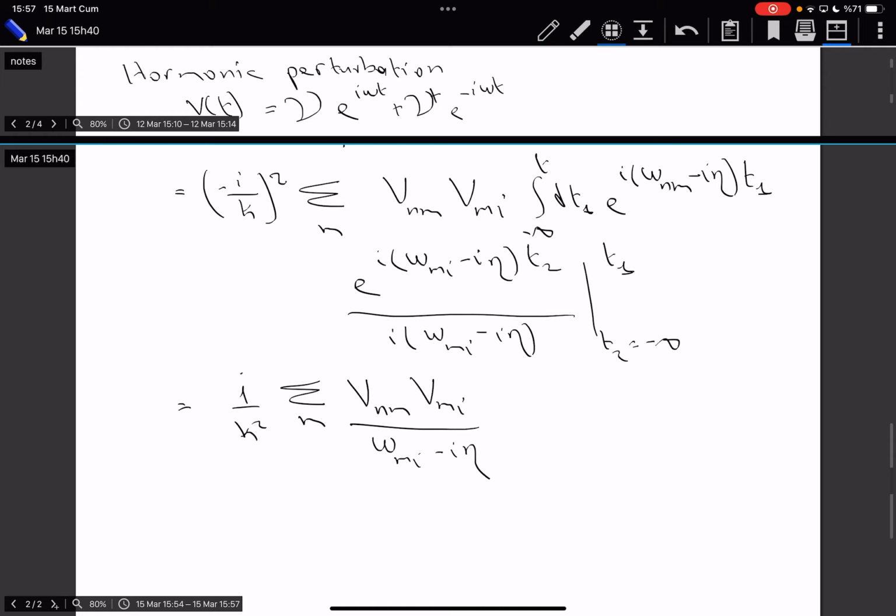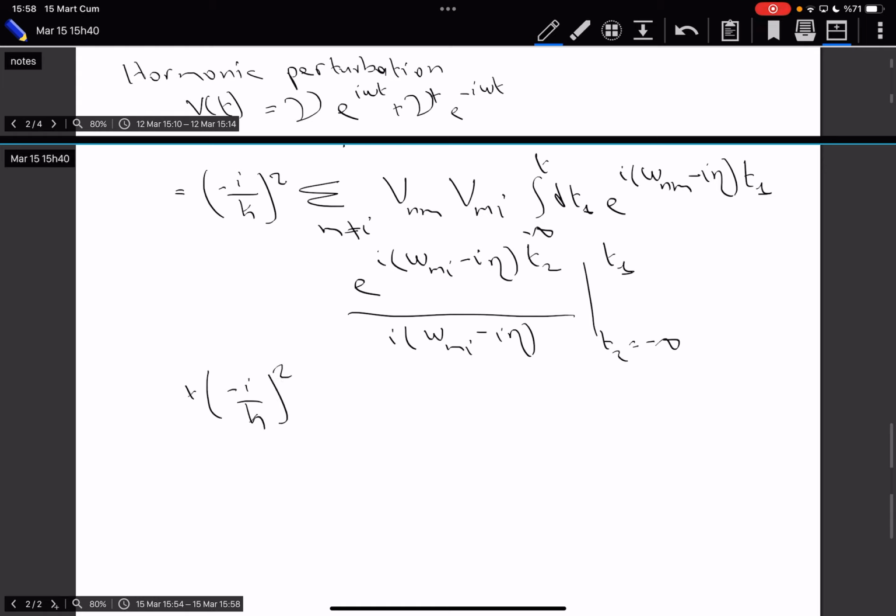Okay, there's one thing I need to take care of. You see, I have to single out the case when m is equal to I. I will separate it out. This is m is not equal to I plus minus I over h bar squared. Well, there's no sum, just the I contribution.